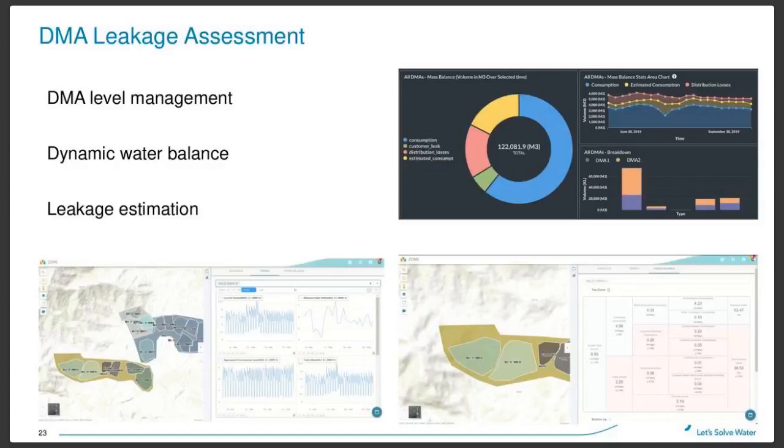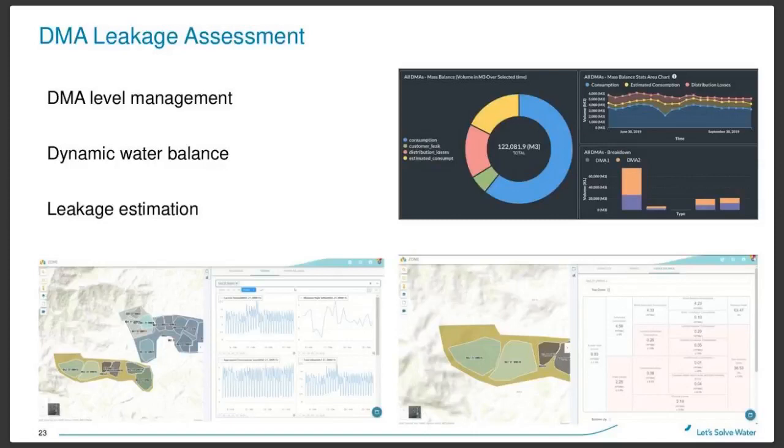So the example here is a dashboard that's tracking this over time across several DMAs, and understanding what level of consumption has come from smart metering, what level is being estimated due to not having a smart meter or knowing the readings, and then the level of estimated customer side leakage and network leakage.